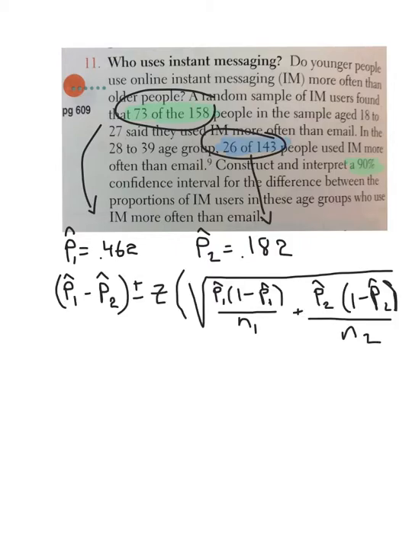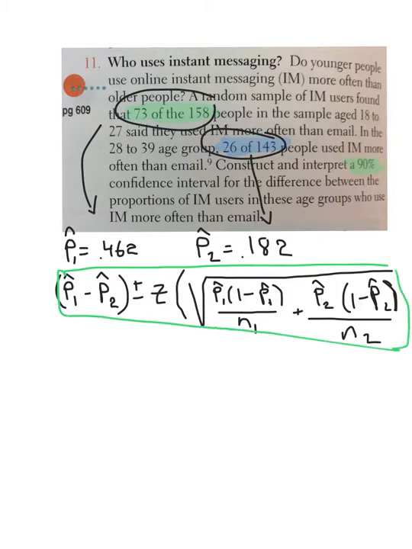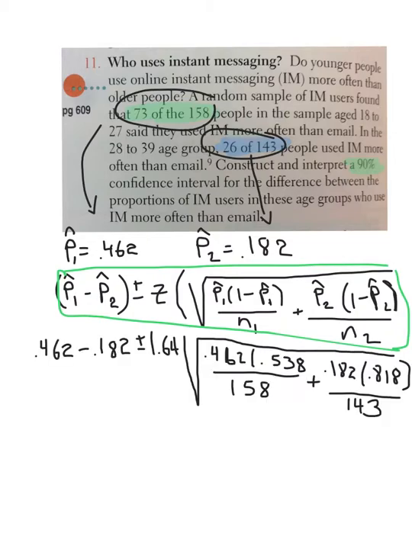So here's that big formula for our confidence interval. I'm just going to plug the numbers in and see what we get. Okay, so I plugged in all the numbers. Subtracting the 2 proportions, the 1.64, remember that critical value.